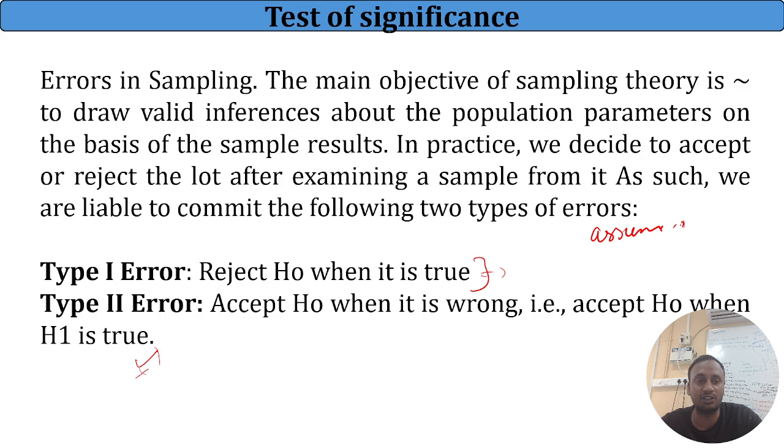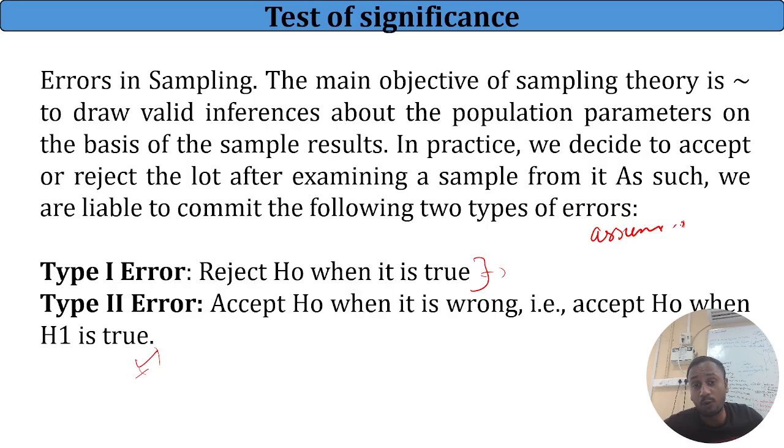Say we reject the null hypothesis but it was actually true: both populations had no difference, but we said there is a difference. Sometimes that may be okay. But when we accept the null hypothesis while there was a difference, it creates more consequences than type 1 error, especially in clinical trials.